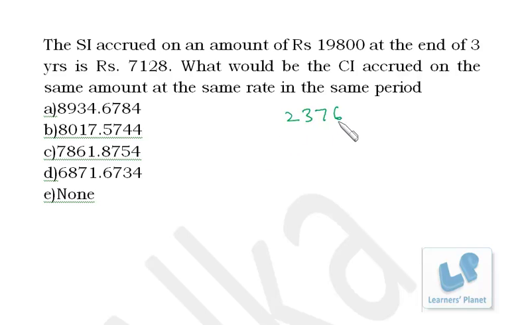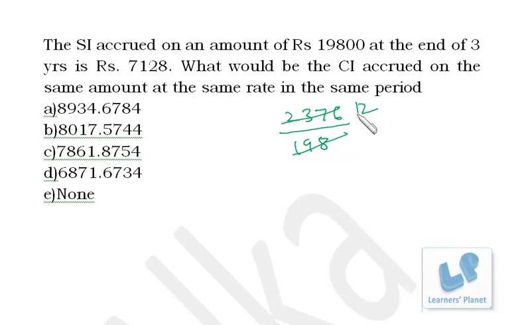So this is the interest per annum, and that is 2376. If I find out the rate of interest, I'll be able to calculate that. So 198 into 10 is 1980. 198 into 2 is 396. So this is actually just 12 times. So the rate of interest is 12%.